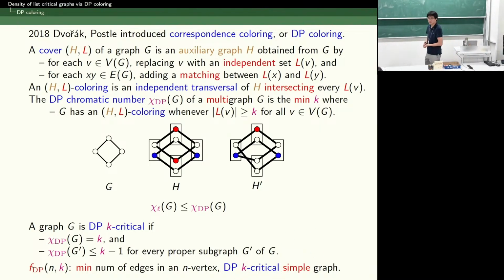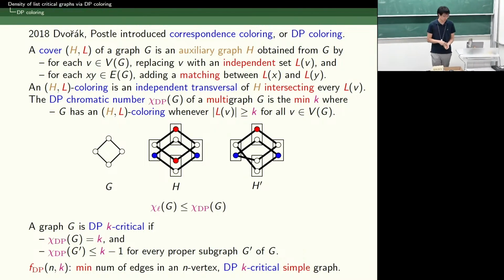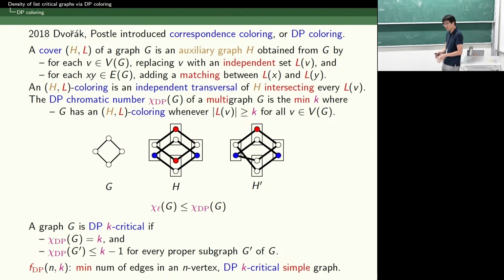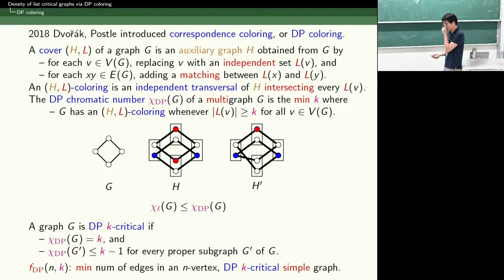Because another difference between DP coloring and the other proper or list coloring is that now suddenly multigraphs matter. So in the proper coloring setting or the list coloring setting, it didn't matter between a pair if you had two or more edges, right? Or one or more edges, right? Because as long as you have an edge, it will act as some restriction.